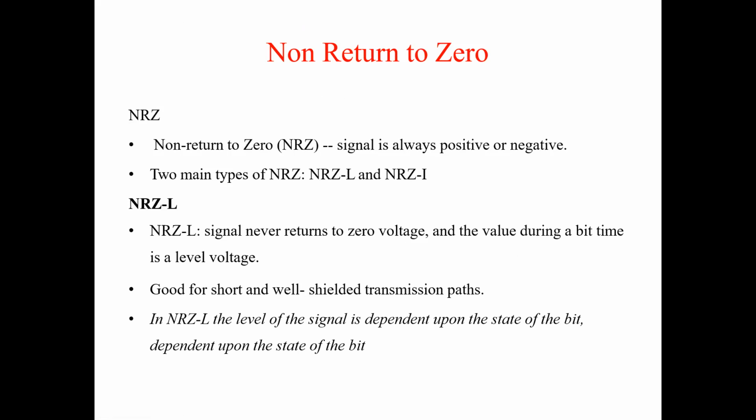Non-return to zero signal, we have to write in terms of 0 and 1. There are two main types, NRZ-L and NRZ-I. Again, we are classifying non-return to zero into two types. So what is NRZ-L?